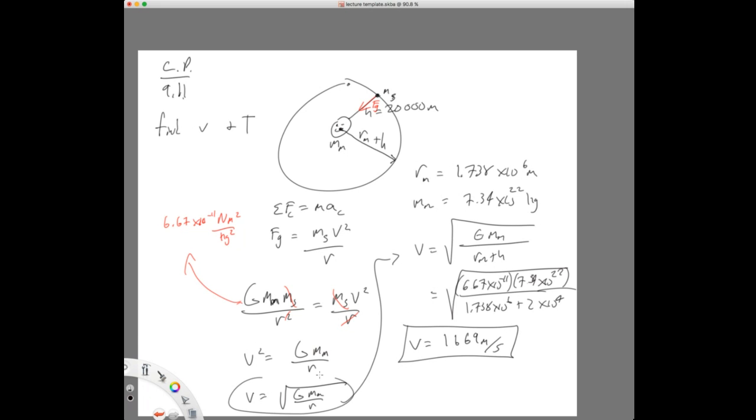Now this formula, in general, we don't want to memorize it. We want to work from Newton's laws, okay, and Newton's force of gravity. But this would be what we would get anytime we're finding the velocity of a certain orbit. We see that the velocity necessary to be in orbit really just depends on the radius of the orbit.